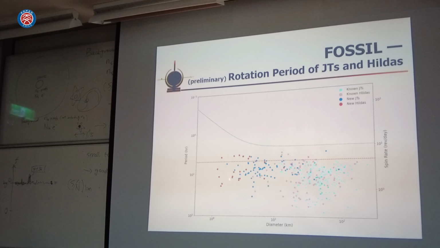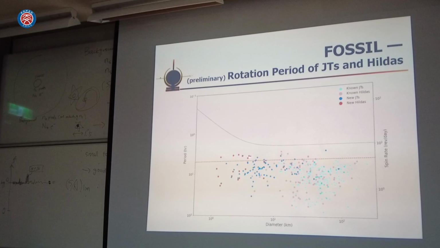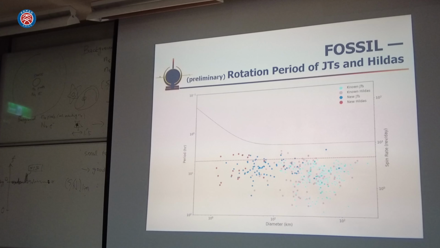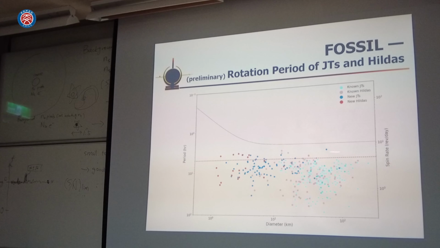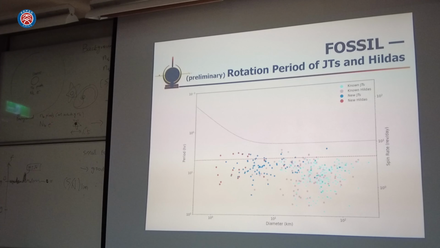And you see, we seem to break through the 5-hour spin rate limit, and it looks like the Hildas and Jupiter Trojans have a similar spin rate limit, like at 3 hours here. So this is the preliminary result for Jupiter Trojans and Hildas.